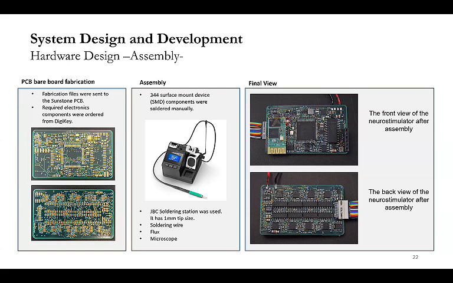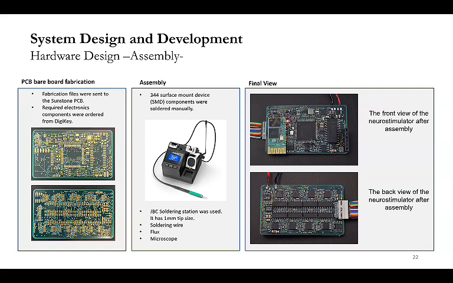After that, I assembled the power management part, and then connected the microcontroller part and some LEDs, and then I ran the PCB to make sure the code, the firmware of the microcontroller, works properly. And after that, I kept going to assemble the rest of the components.